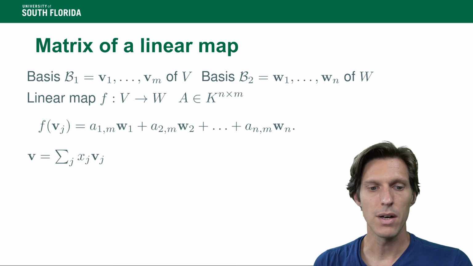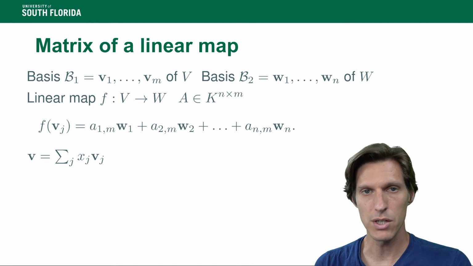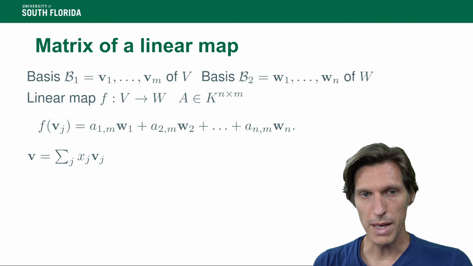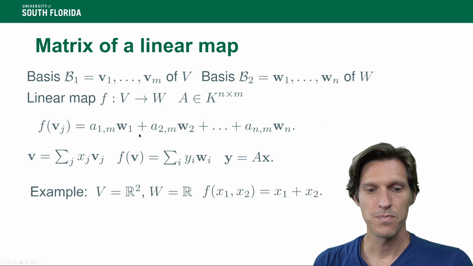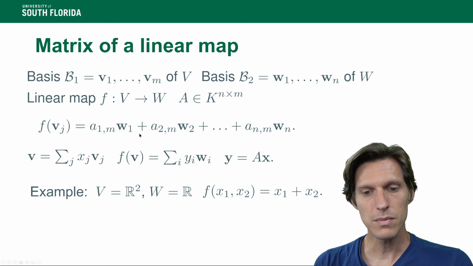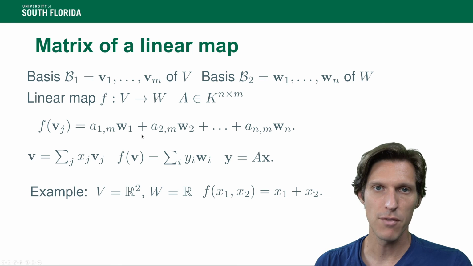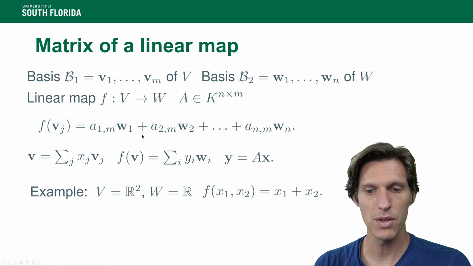Okay, and now if we have a vector V expressed as a linear combination of the basis of the domain, then we can express f of V as a matrix vector multiplication by the matrix whose coefficients give you those decompositions. So as an example, assume that we have a very simple linear map, which is given by f of x1, x2 is x1 plus x2.